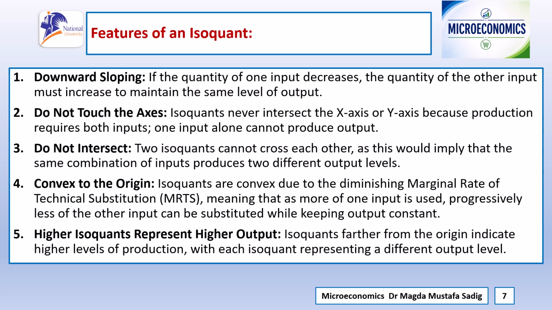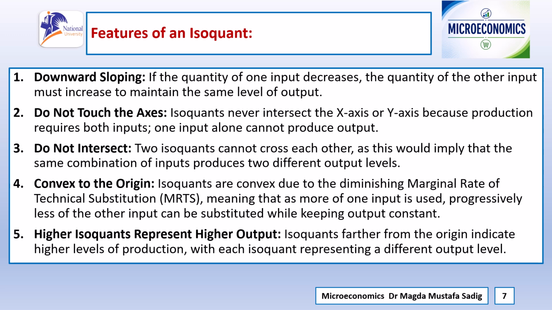Initially, one machine may replace several workers. However, as more machines are added, each additional machine replaces fewer workers. This decreasing ability to substitute one input for another creates the convex shape of the isoquant.